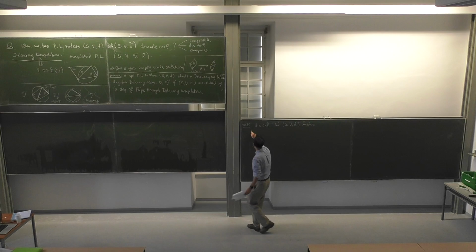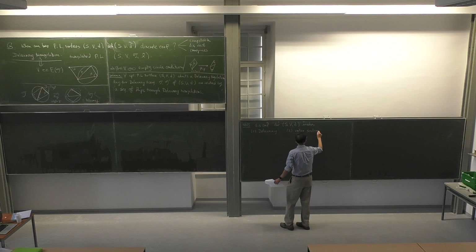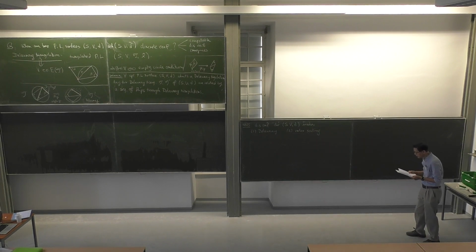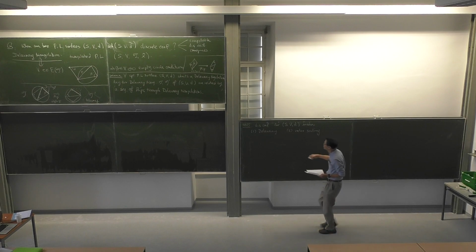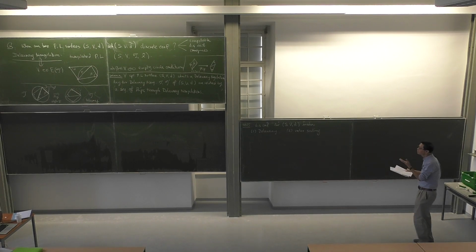The first is the Delaunay, and then the second is the vertex scaling. So we have to enforce these two conditions, and this is one way of defining it. It looks a little bit complicated, but a result I'm going to tell you will justify this. Looks like a good definition.